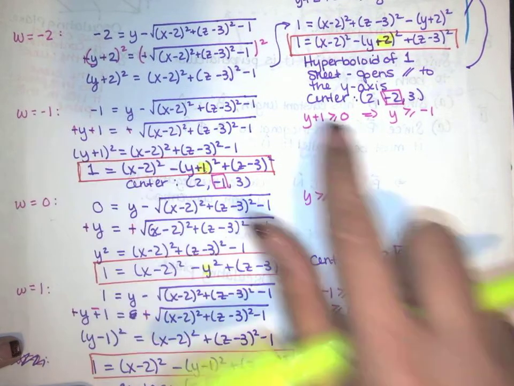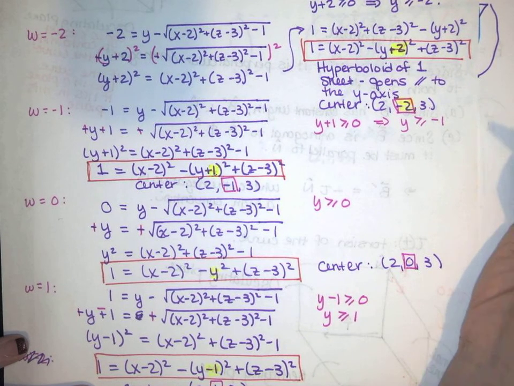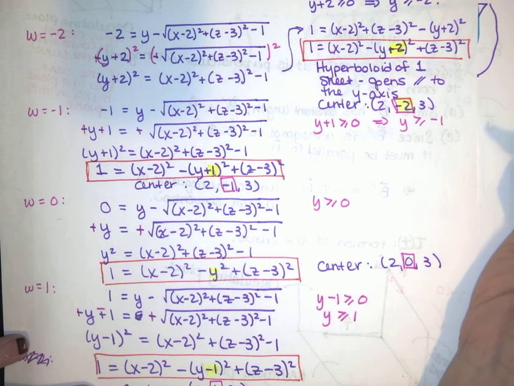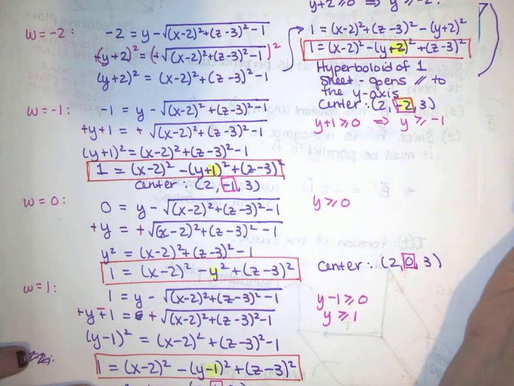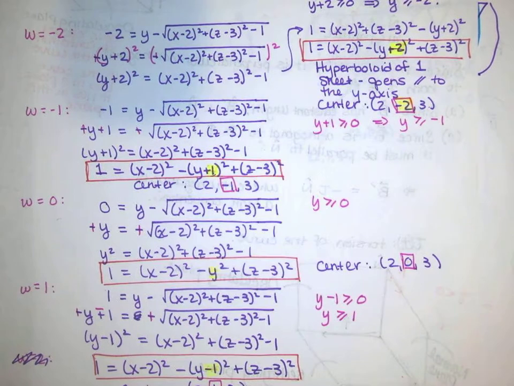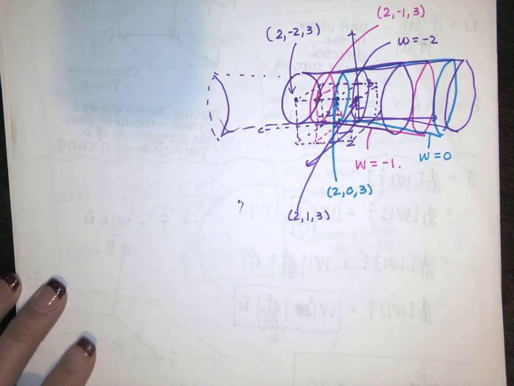The w value is going to be the y coordinate of our center. The x coordinate of our center of our hyperboloid of one sheet is 2, and the z coordinate is 3. But that w value is giving me that y coordinate. So as w increases, I've got half of a hyperboloid of one sheet, and it's moving down in the y direction.